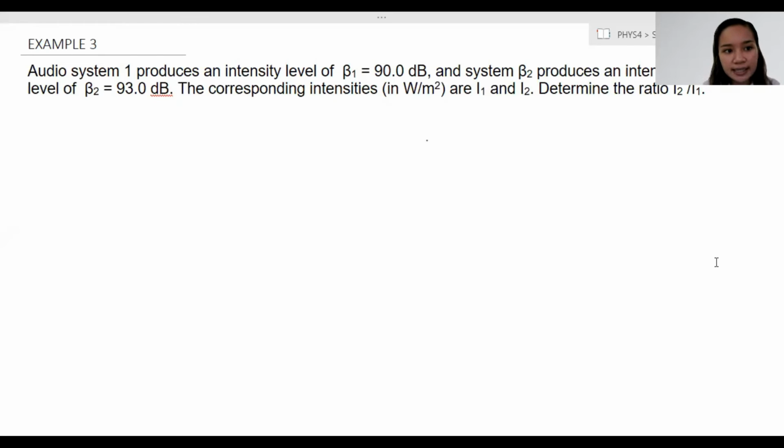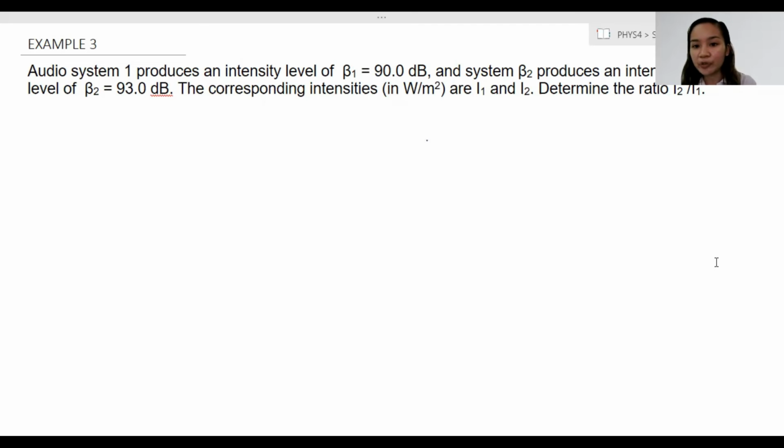Okay, now for our next example, this is another different approach in solving problems involving decibels. So we have here an audio system 1 that produces an intensity level of beta sub 1 equal to 90 decibels, and system 2 produces an intensity level of beta sub 2 equal to 93 decibels. Now the corresponding intensities in watts per meter squared are I1 and I2. Now determine the ratio I2 over I1.